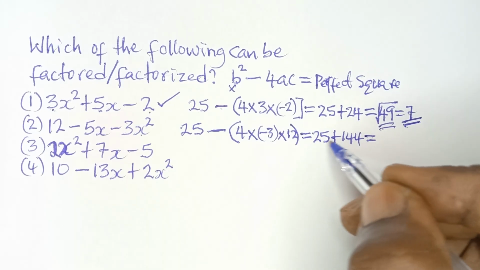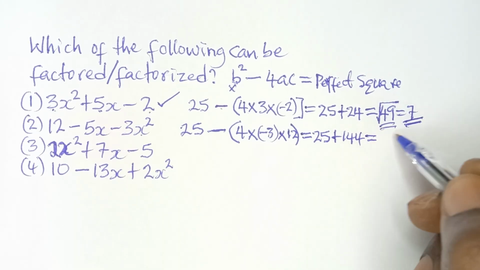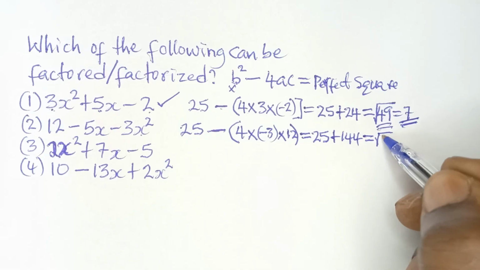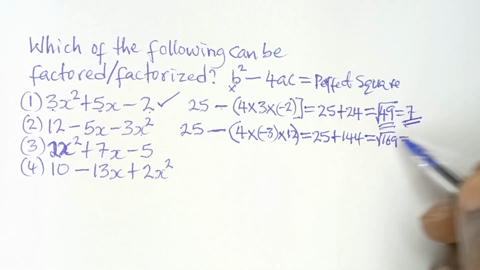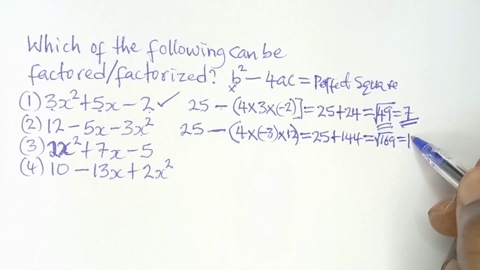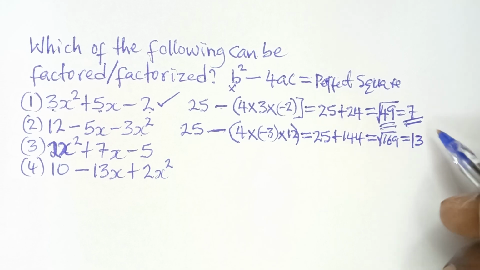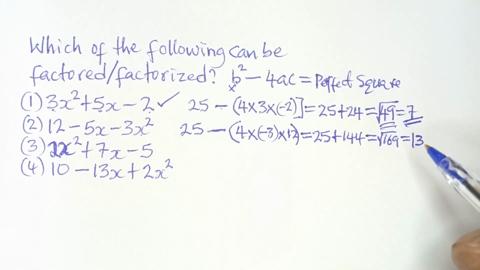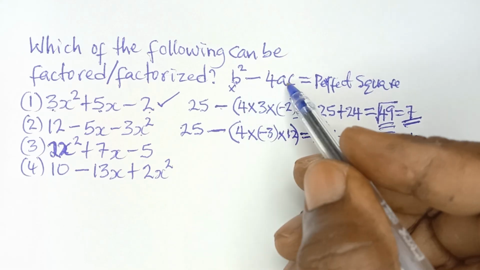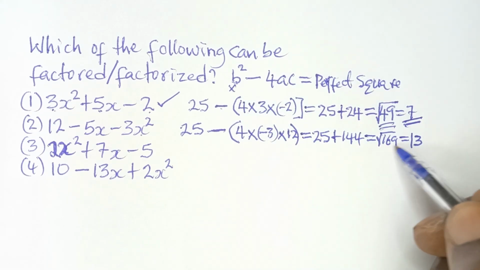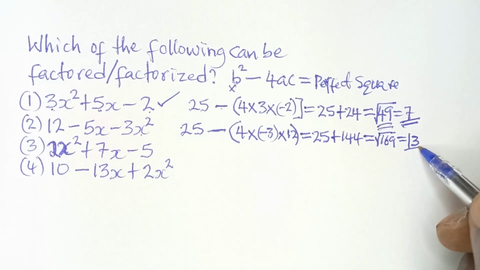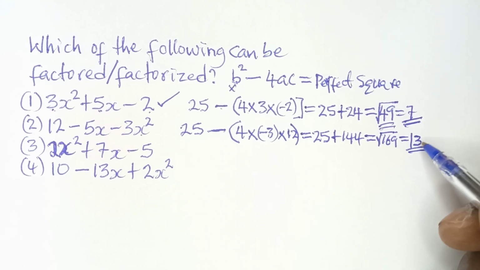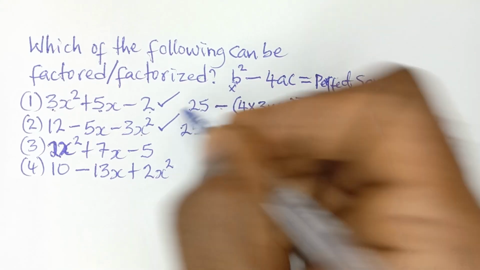So 25 plus 144 will give me 169. And the square root of 169 is 13. So b squared minus 4ac gave me 169, which is a perfect square because its square root is a whole number, 13. So this one too can be factored.